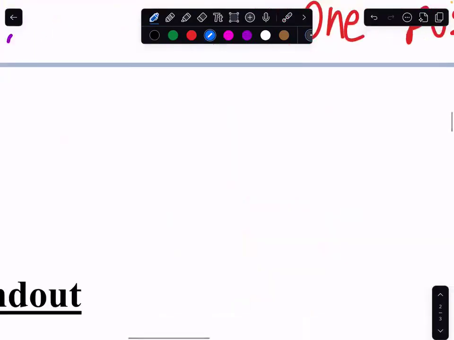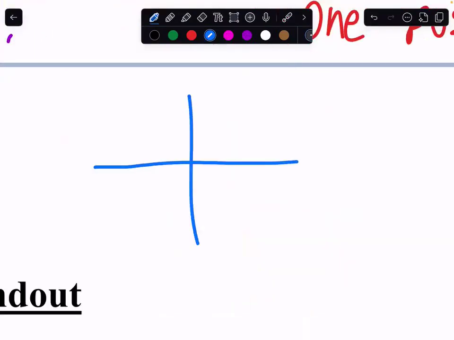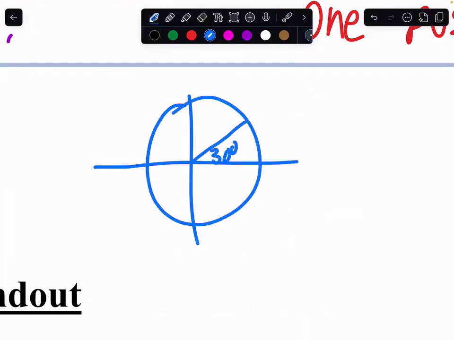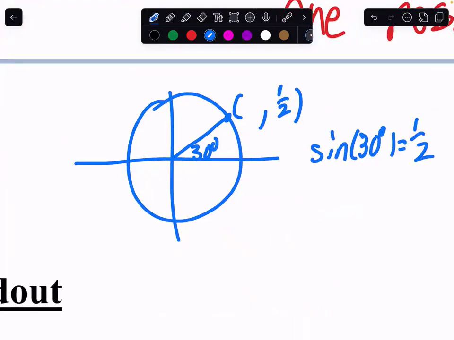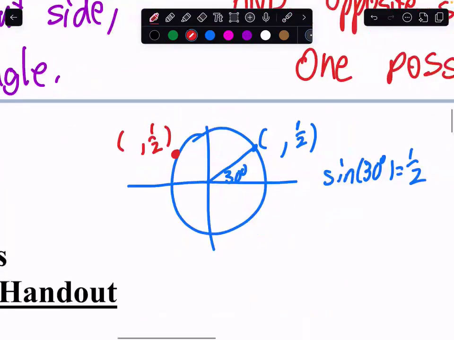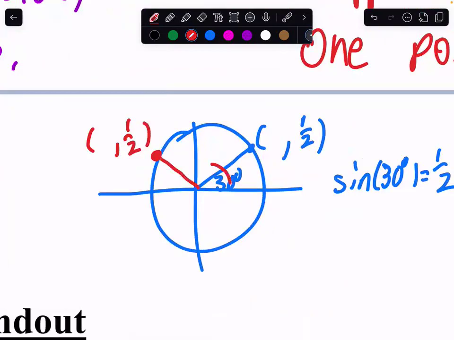Okay, so remember back in lesson 1 of this unit, we said for the unit circle, a 30-degree angle has a sine value of 1/2, right? Okay, but the confusing thing is this y value of 1/2 also occurs in quadrant 2. Right, so that same reference angle, if you reflect this over, this would now be 150 degrees.